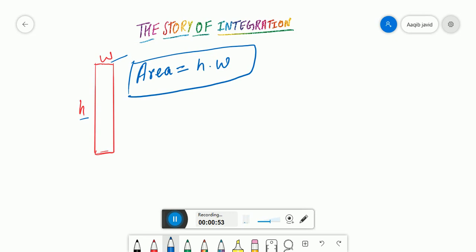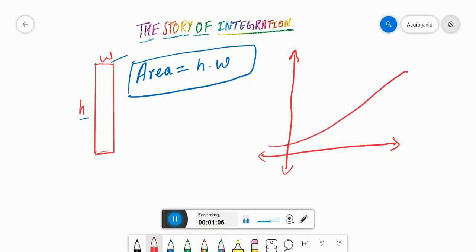But guys, nature doesn't work according to us. For example, we have a curve right over here. If we need to calculate the area under this curve, it's not even close to any human-made shape.